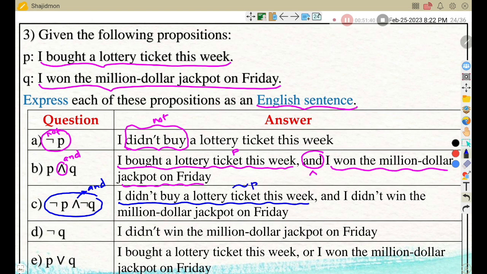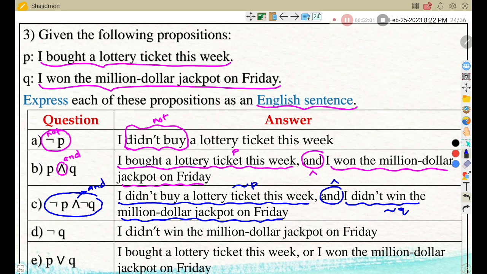Then use and, because we have the and operation. Negation Q: Q means I won the $1 million jackpot on Friday, so the opposite means I didn't win the $1 million jackpot on Friday. That is negation of Q.